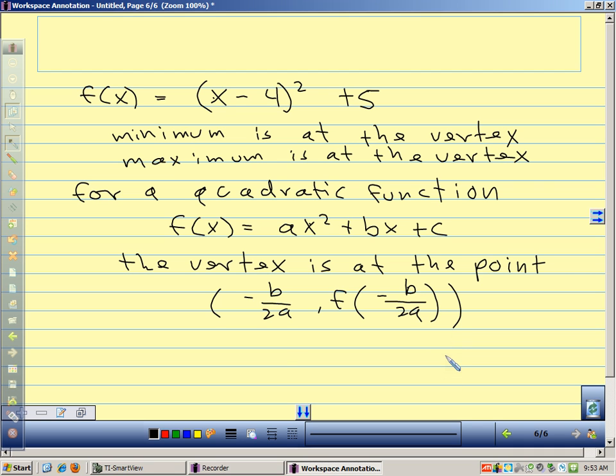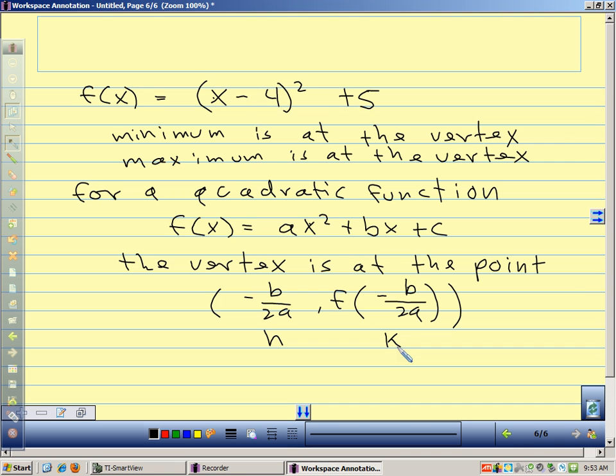So this gives me my vertex. This will be my h, and this will be my k. So it's just another way of finding the vertex of a quadratic function. We can use negative b over 2a to find the coordinates of our vertex.